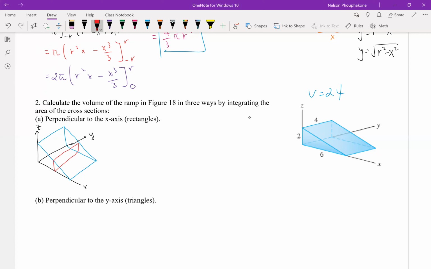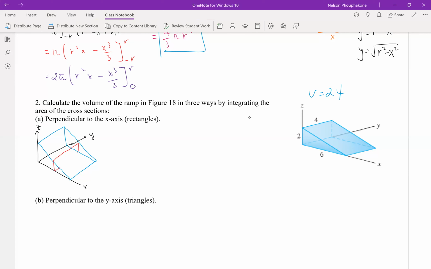Then I would like to find this, maybe I call this a sub x right here.